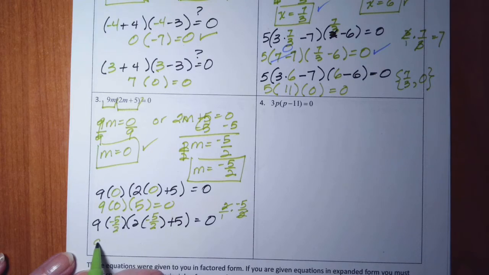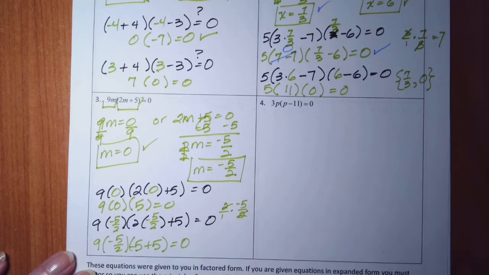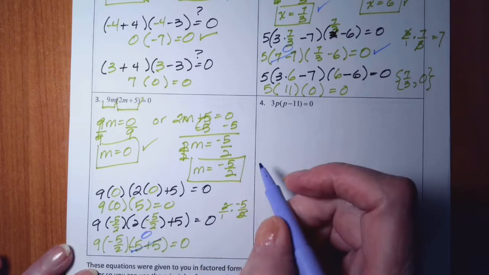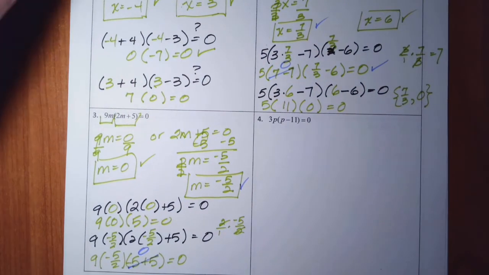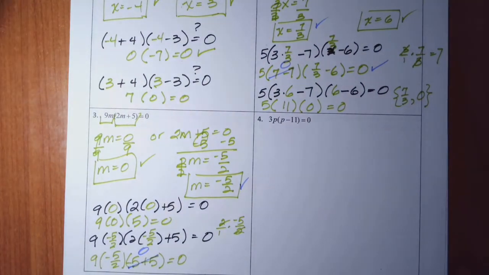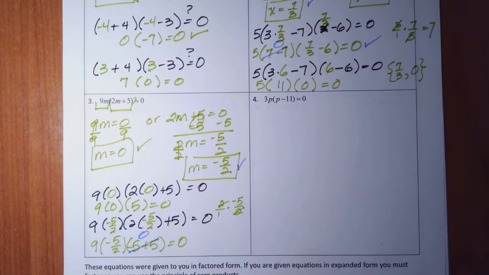So this gives me 9 times negative 5 halves times negative 5 plus 5. I want to know if that's equal to 0. Well, this is 0, so anything times 0 is 0, so both of these check. Now I know I'm going through these really quickly, but first of all, we did them in class, but also you can pause and go back over stuff as we do this.